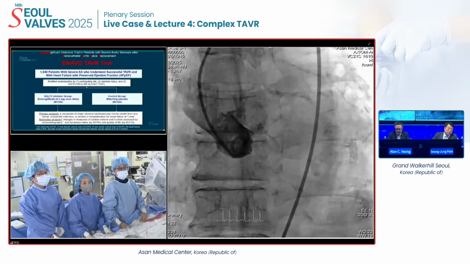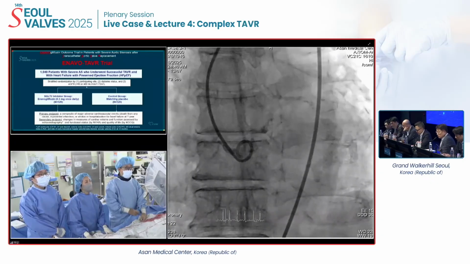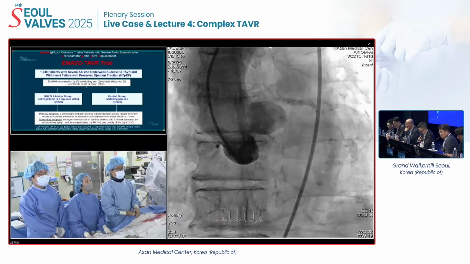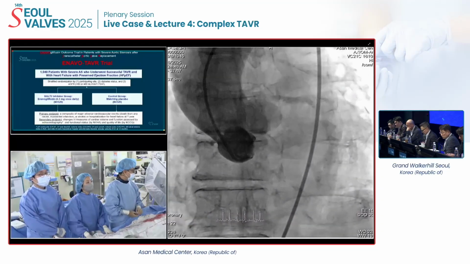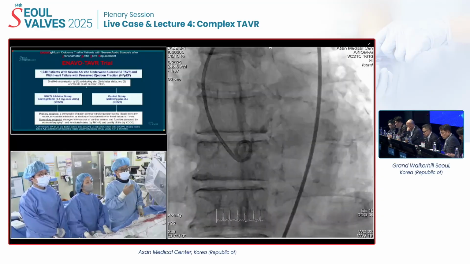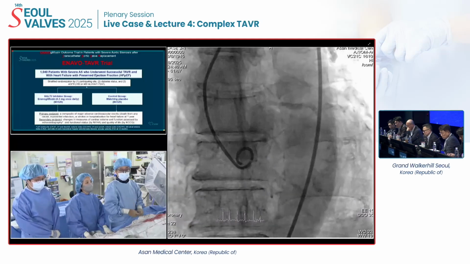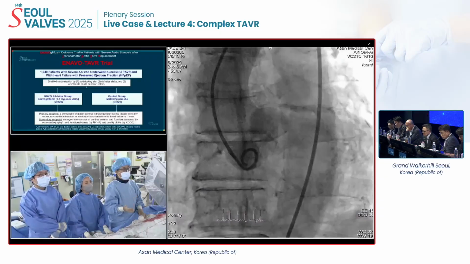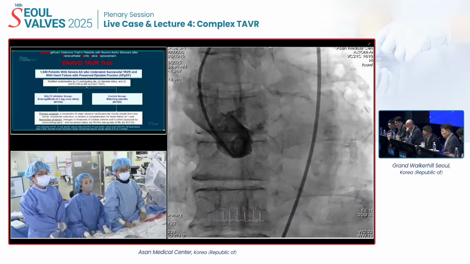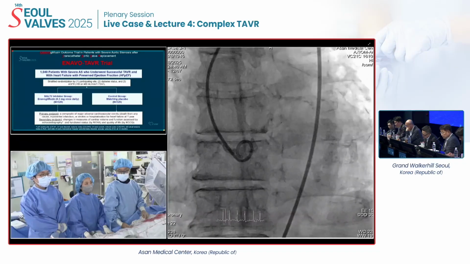Do you plan to do cerebral protection in this patient requiring predilatation? Yeah, that is a good option. With very severe calcium, we can consider cerebral protection, but we usually explain the risk and benefit to the patient. The price of cerebral protection is still high, and if the patient doesn't want it, we do it without the CEP.